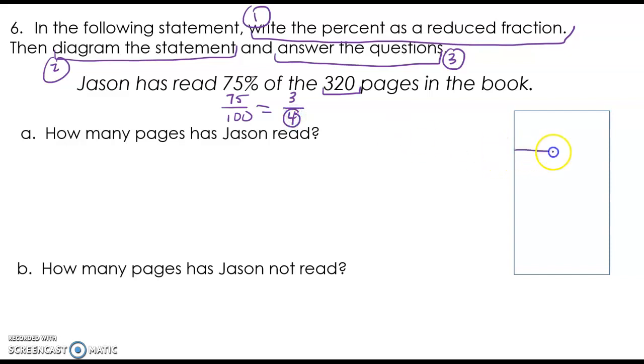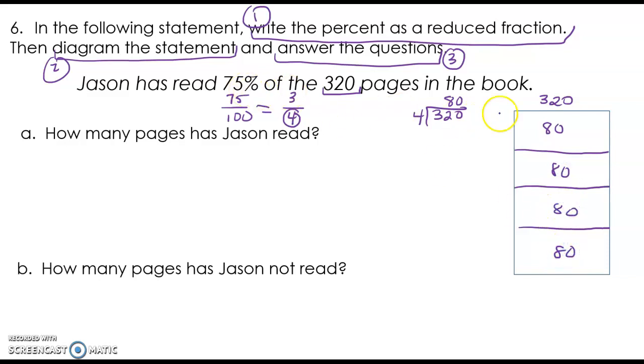This number tells me that I need 4 boxes over here. And I have a total of 320 pages. So let me go ahead and divide 320 by 4 to see what goes in these boxes. 320 divided by 4 equals 80. So each of these boxes has 80. And it says he read 3/4.